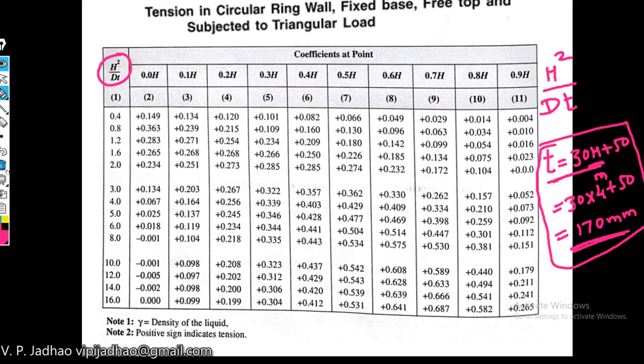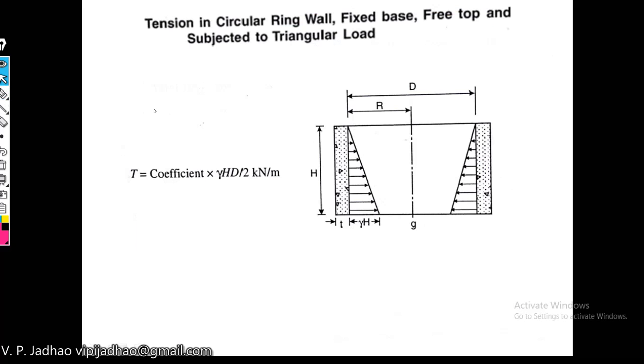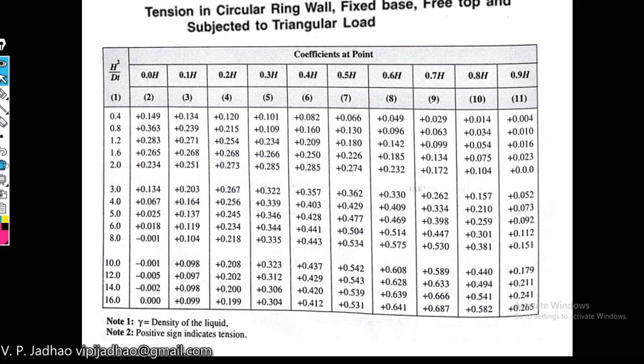So for determining the coefficient for calculation of the hoop tension, the hoop tension is given by this formula. We can get these values, but the coefficient is required to be determined, and it can be determined by using this table given in IS 3370.